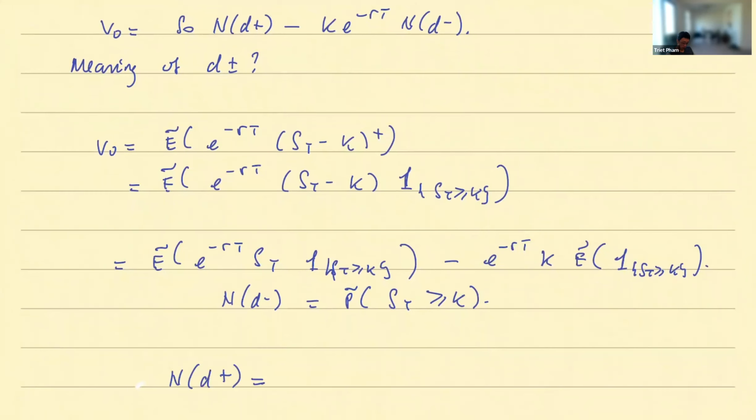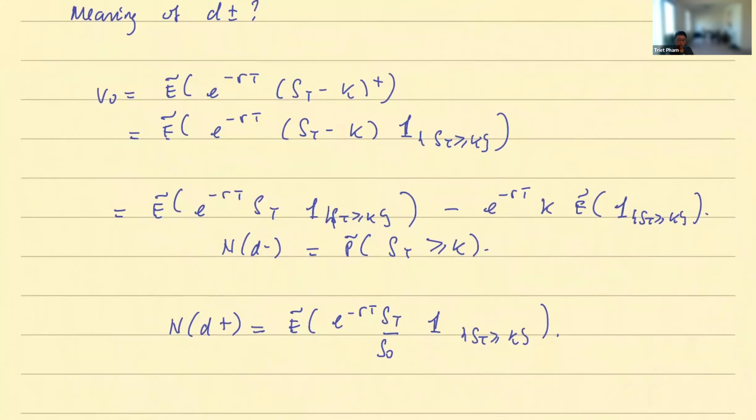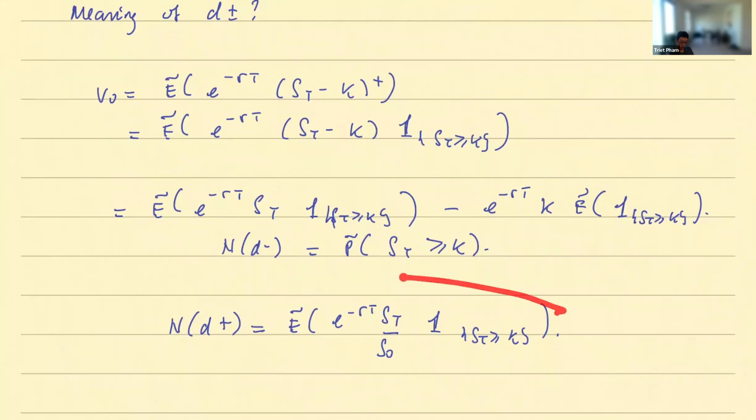Let me divide S0 to the other side. Do you see what this is? That's like your X divided by S0. This is a martingale under E tilde.